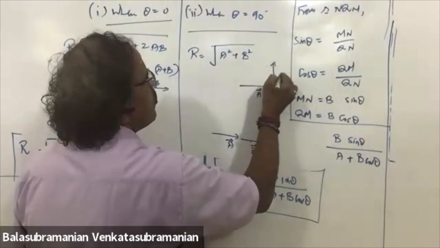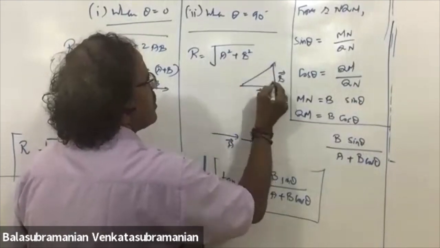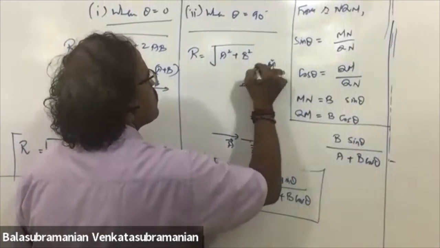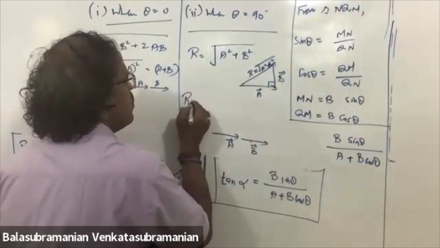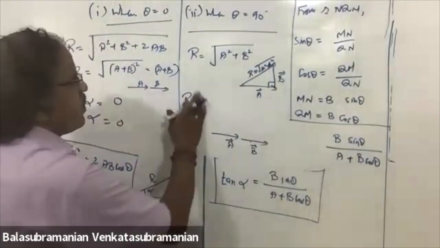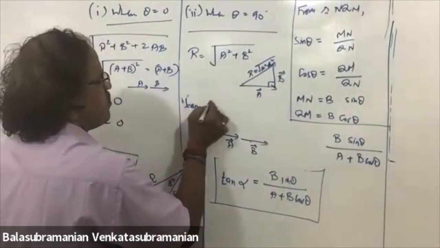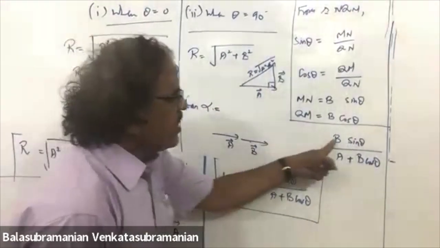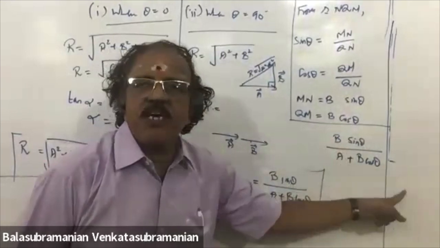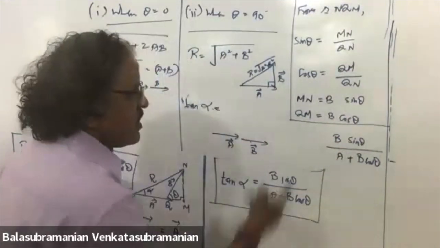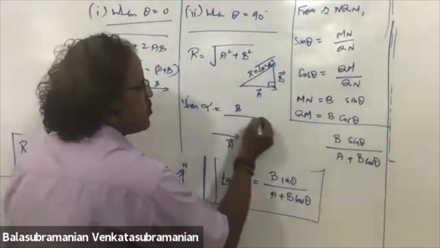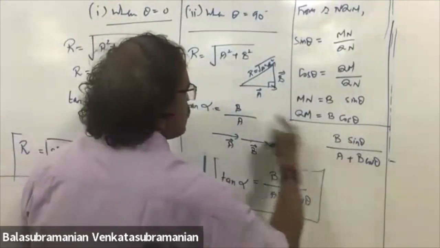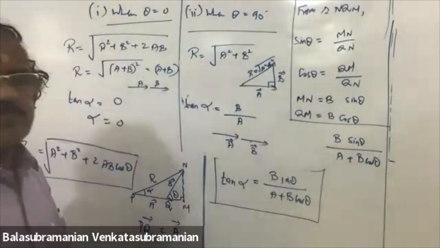A and B both are perpendicular. Resultant R is equal to root of A square plus B square. Tan alpha we have calculated: B sin theta by A plus B cos theta. Theta is 90. So sin 90 is 1 by A. Cos 90 is 0. So the answer is B by A.